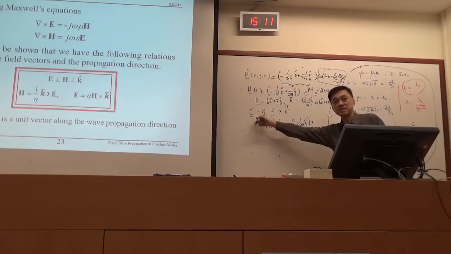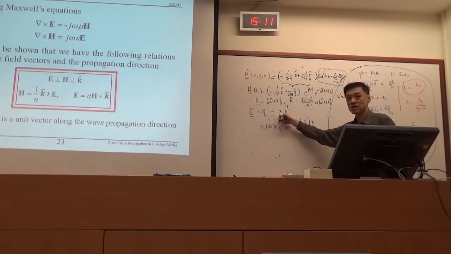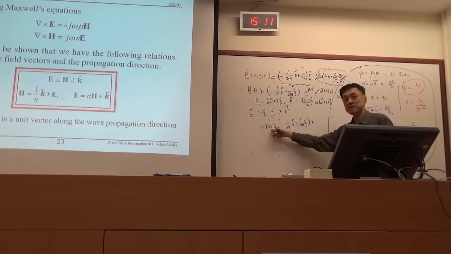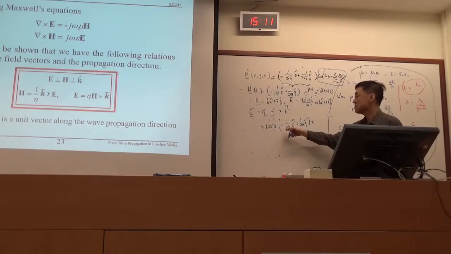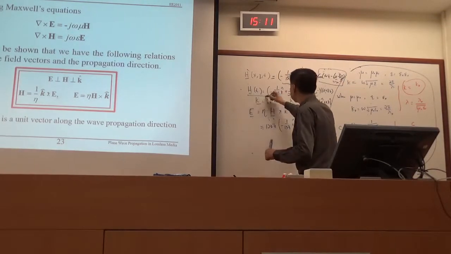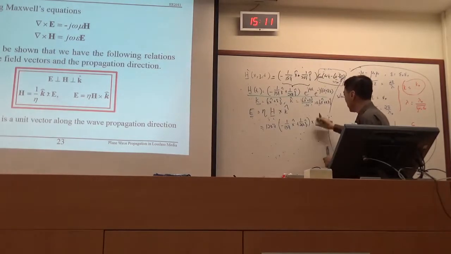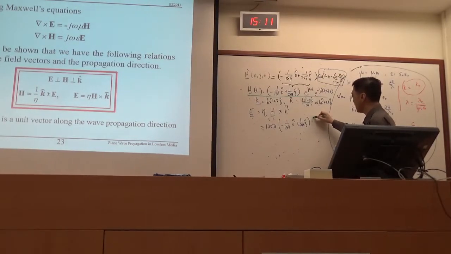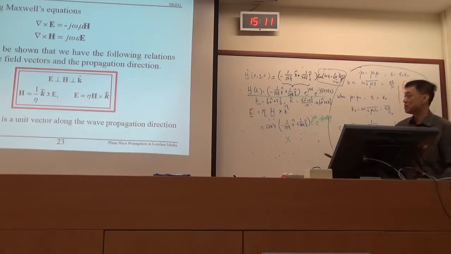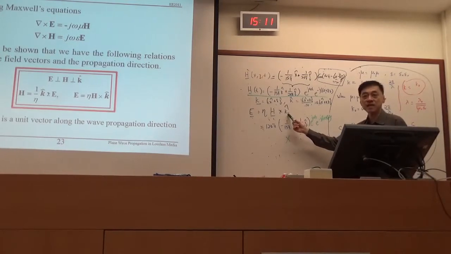To apply the equation E equal to zeta H cross k, zeta is 120 pi. H is down here, I just copy it down. So you have e to the j omega t, e to the minus j 6x plus 8z, and then cross the unit vector of k.